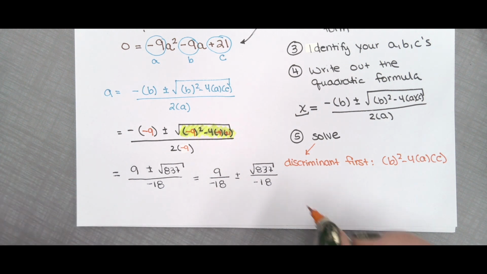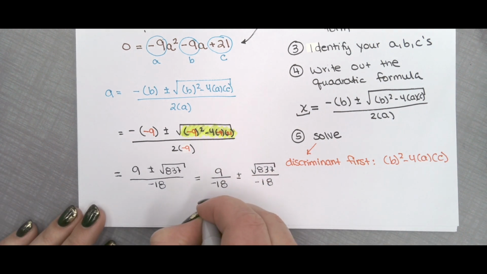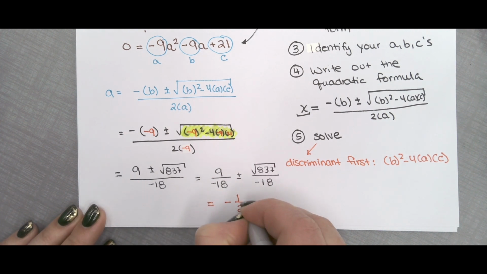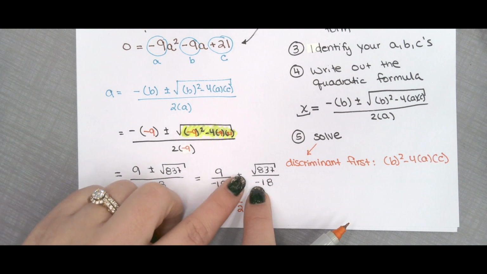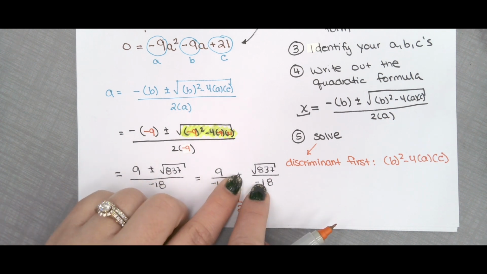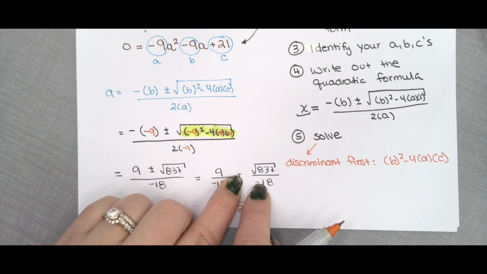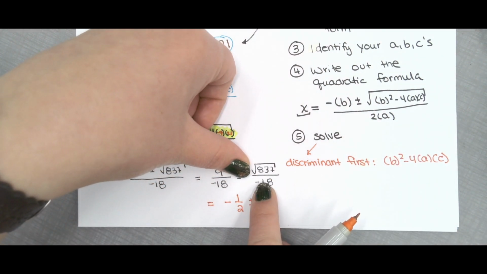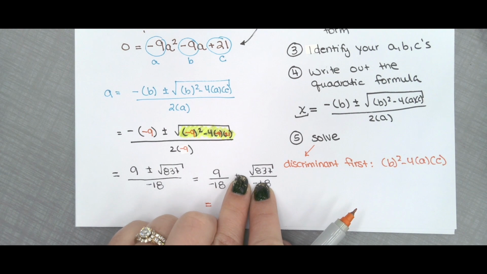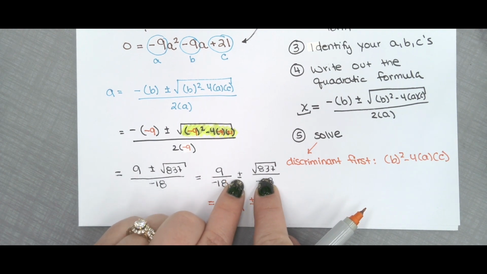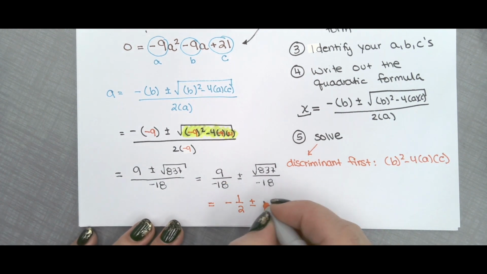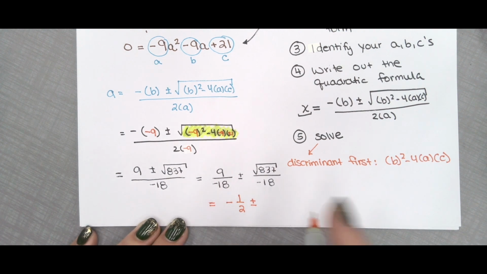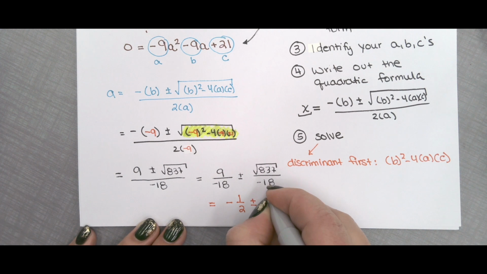So 9 divided by negative 18 is negative 1/2 plus or minus. Now, beautiful people, what is a positive divided by a negative? Negative, good. Here's your negative. And what is a negative divided by a negative? Positive. So because you have a plus or minus here already, the negative gets absorbed into this plus or minus. Kind of like it disappears.